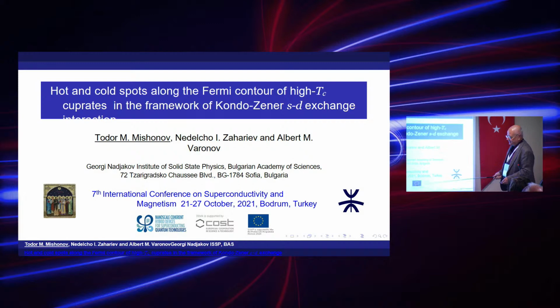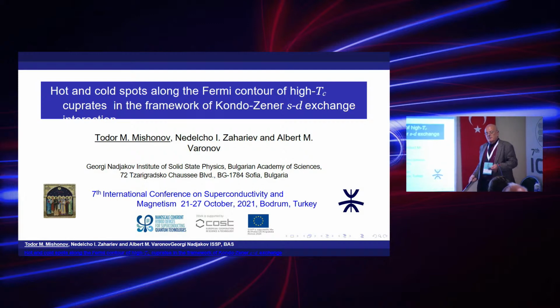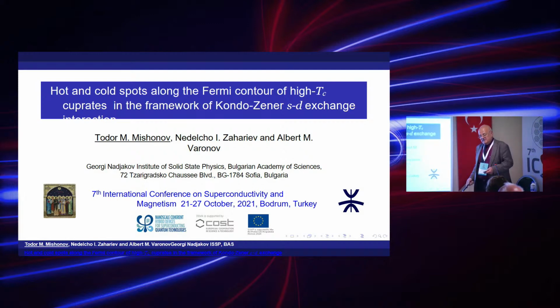We stand on the position of fundamentalism, and we wish to describe with one and the same Hamiltonian the superconducting properties of the overdoped and optimally doped superconductors, and simultaneously the normal state properties. Hot and cold spots were invented 20 years ago as a phenomenology, but now we are happy to derive this phenomenology from the microscopic Hamiltonian.